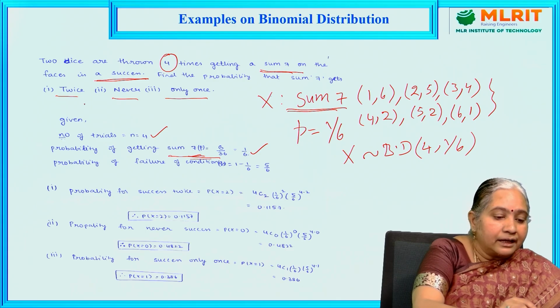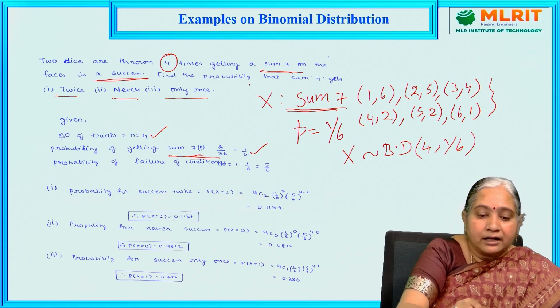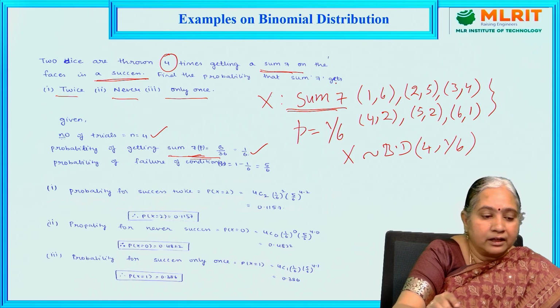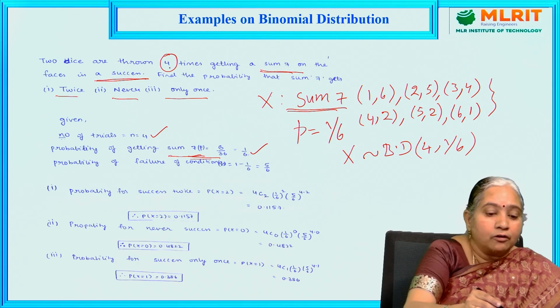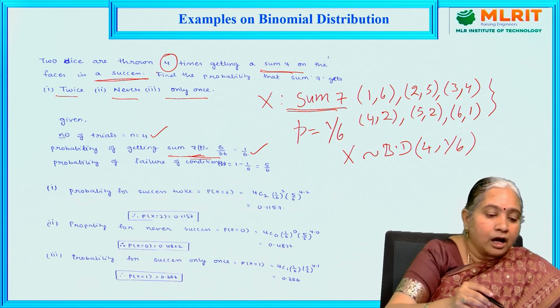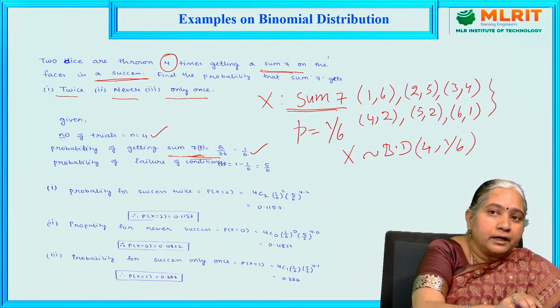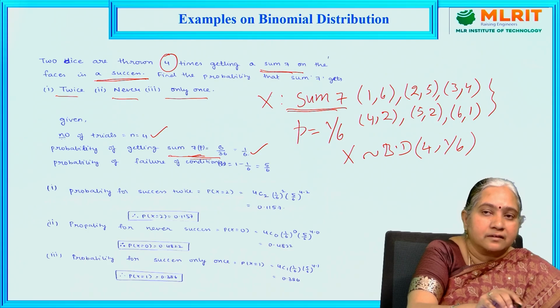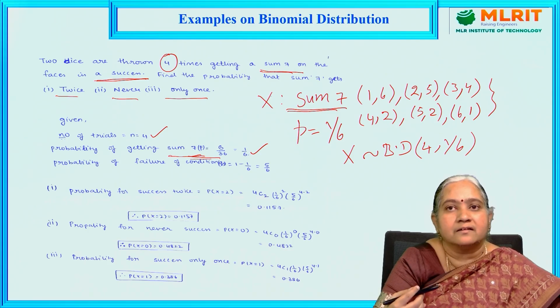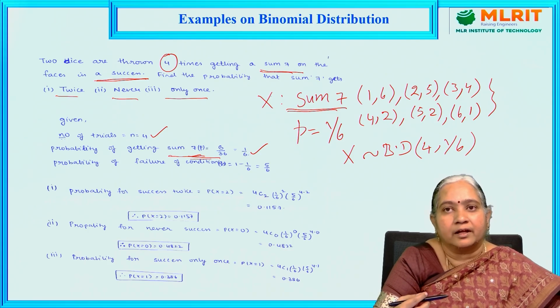So here, find the probability that 7 gets twice. Out of 4 times, how many times? That means 2 times. What are the chances to get the sum 7 2 times out of 4?